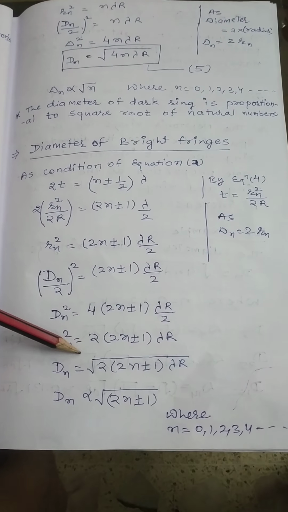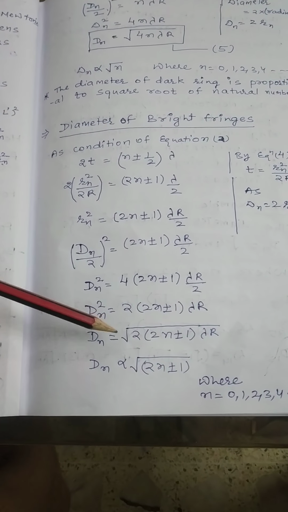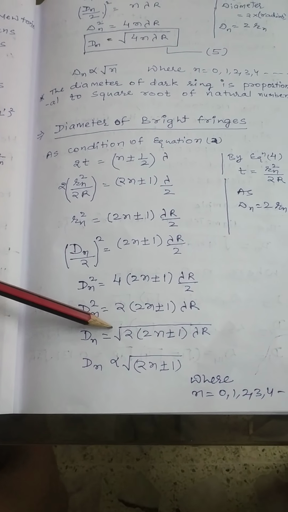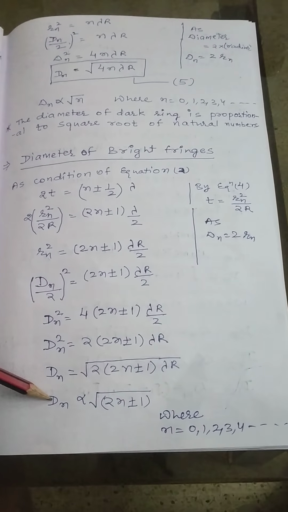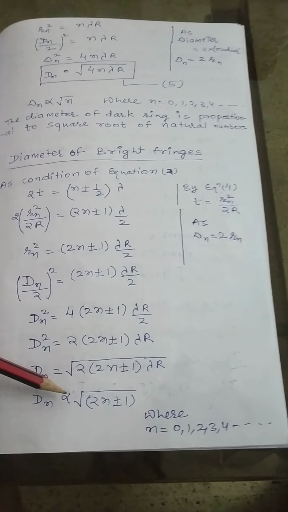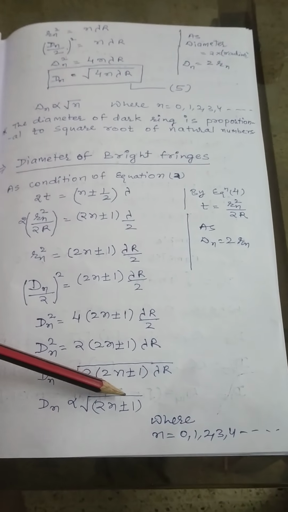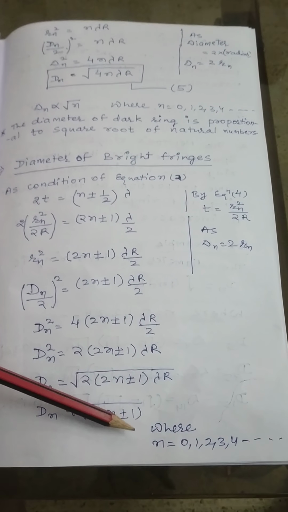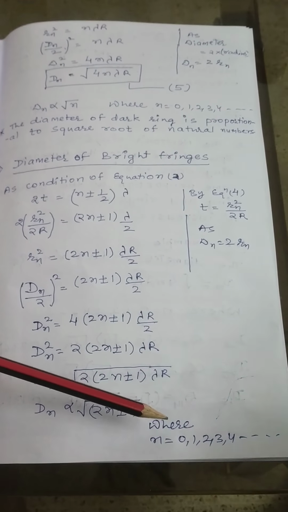This is the condition for the bright fringe. We can also say that the diameter of the bright fringe is directly proportional to the square root of (2n plus minus 1), where n is an integer whose value is 0 to n.